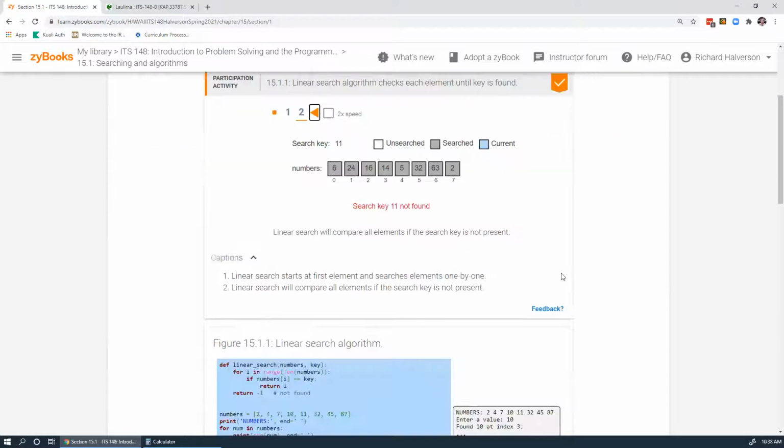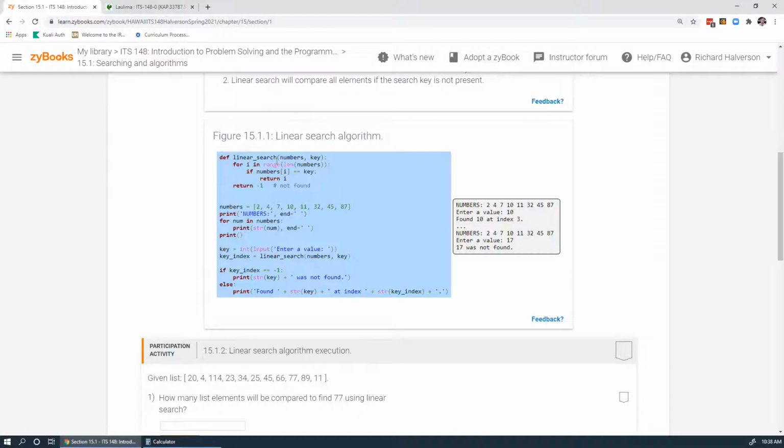This is a description of the algorithm. Let's say we have a list. This list happens to be sorted, but for a linear search, the list doesn't have to be sorted. It can be any list. So this prints them out. So this is the list, and then it asks the user for something to search for.